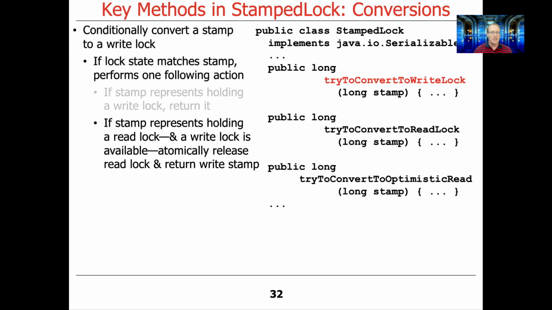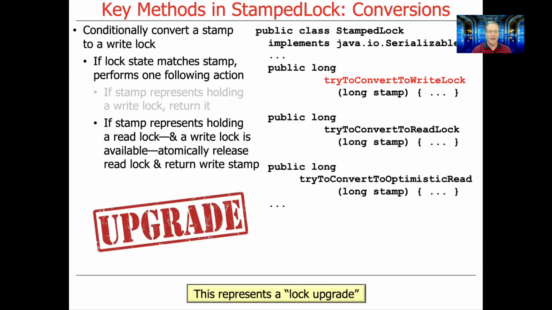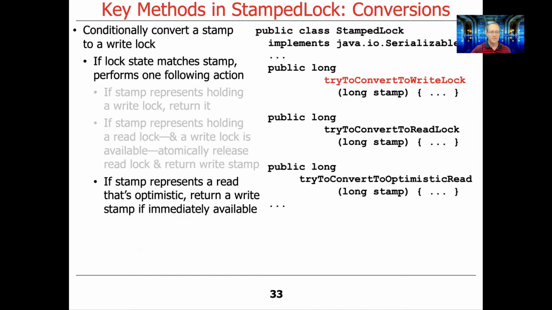If it represents a read lock and it turns out that nobody else is holding the write lock, then it will atomically release the read lock and return a write stamp. So it'll upgrade it very quickly and atomically. This is what's called a lock upgrade. So you can upgrade from a read lock to a write lock. Recall that reentrant reader writer lock only supported downgrades from writer locks to reader locks.